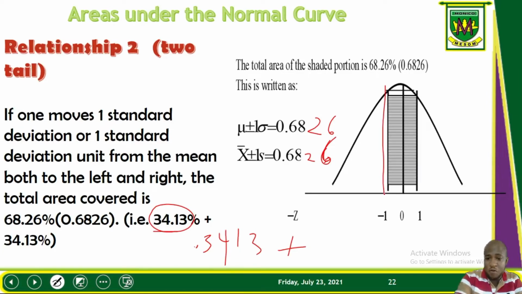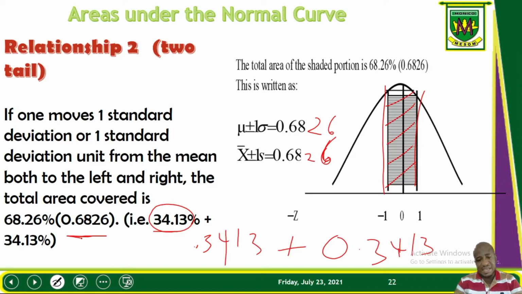But this time, because it's both sides, and we want to know the spaces covered, it's going to be 0.3413 plus 0.3413. And this gave us the value we have here, 0.6826.